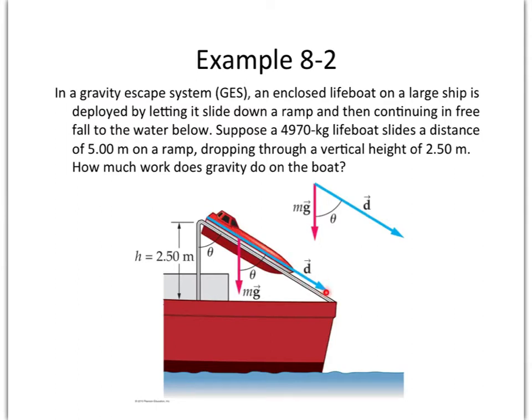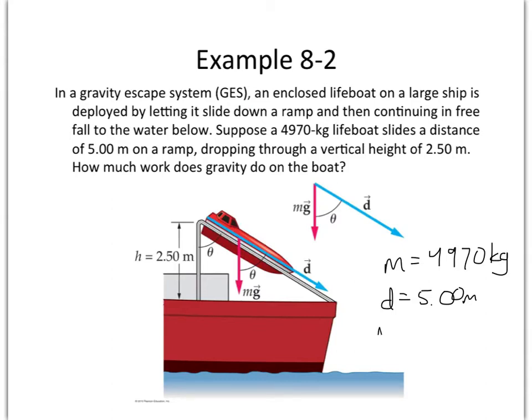Let's write this down. The mass of the lifeboat is 4,970 kilograms, so that's like 2.5 tons. The distance d equals 5.00 meters down the face of the ramp, and dropping a vertical height of 2.5 meters.